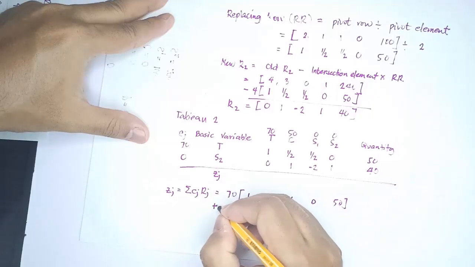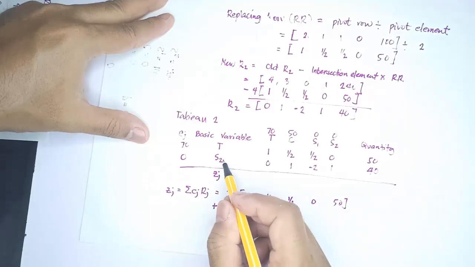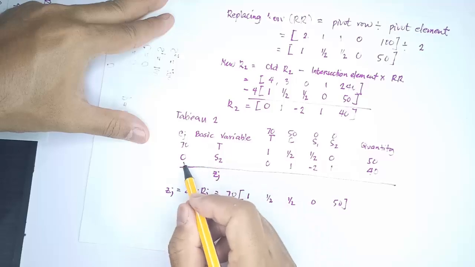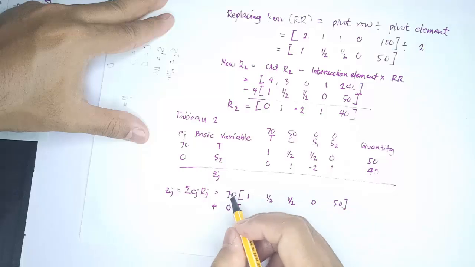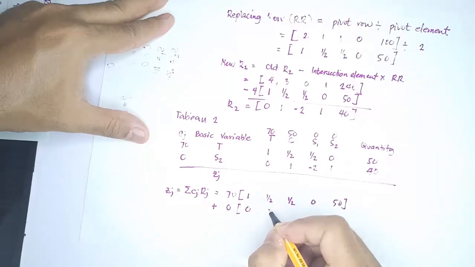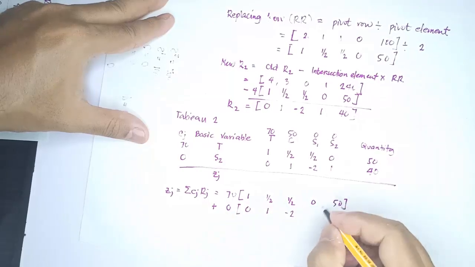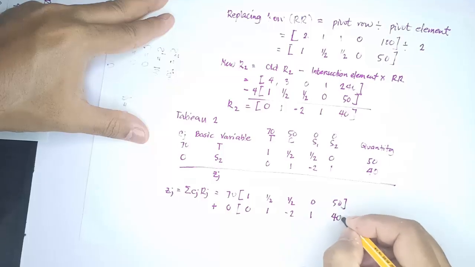Plus the second basic variable is s2, its coefficient is 0, times the elements of row 2: 0, 1, negative 2, 1, 40.